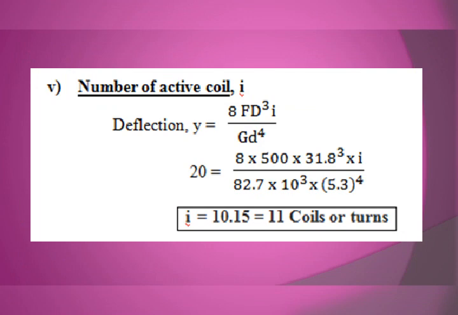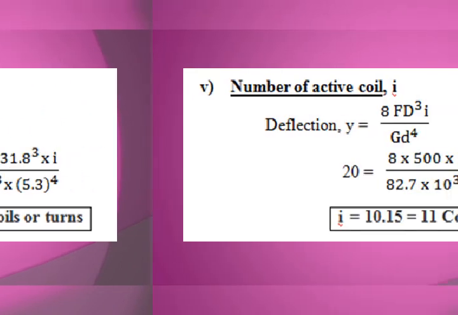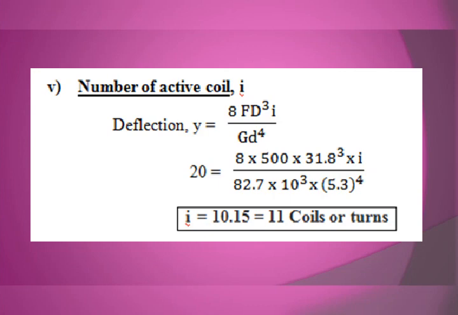After getting the values of the inner and outer coil diameter, now we'll evaluate the number of active coils, i. That can be obtained by using the deflection equation y is equal to 8 F D cubed i divided by G d raised to 4. Now we'll substitute the values.